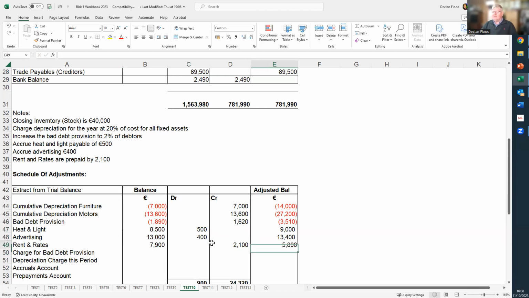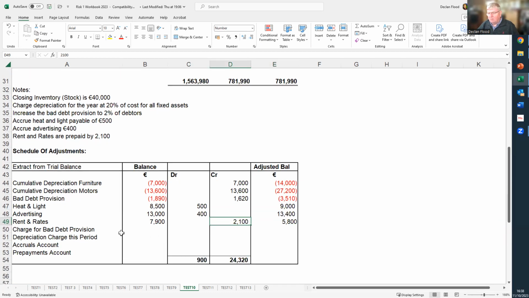So what we're saying is that of the 7,900 that we accounted for, only 5,800 relates to the period in question, and the other 2,100 is a prepayment into the other year. So that's the adjustments done.